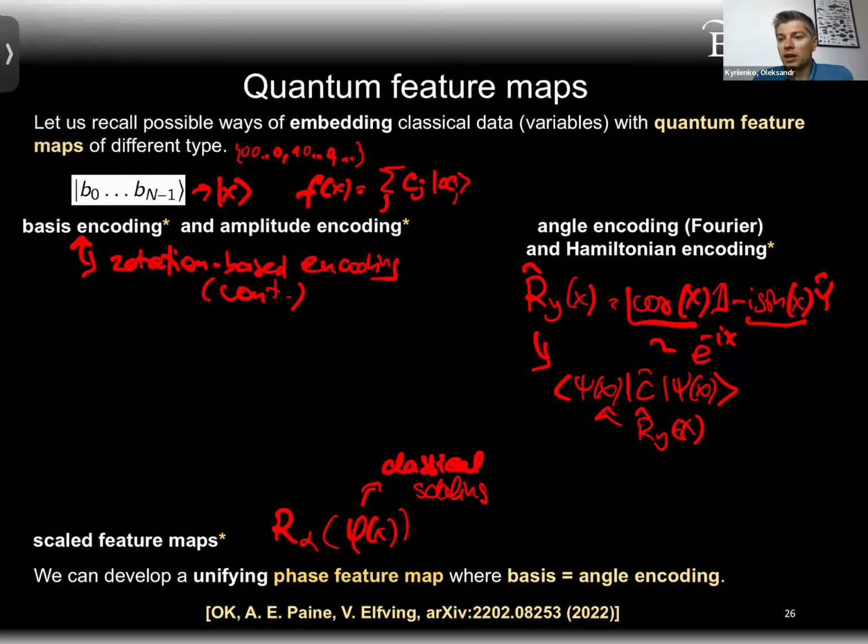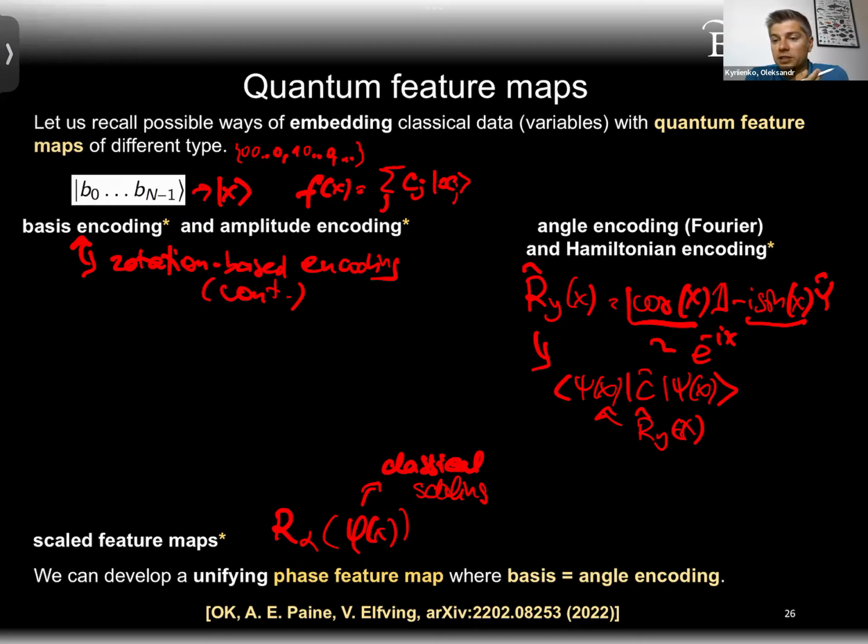But there are many other types of bases that are beneficial. And for instance, we've been developing Chebyshev feature maps that I can show later. We have been developing the tools for finding an embedding that suits specifically the problem, and the exponentially expressing phase feature maps that I can show later are equivalent to doing basis encoding, but with continuously parameterized variables.